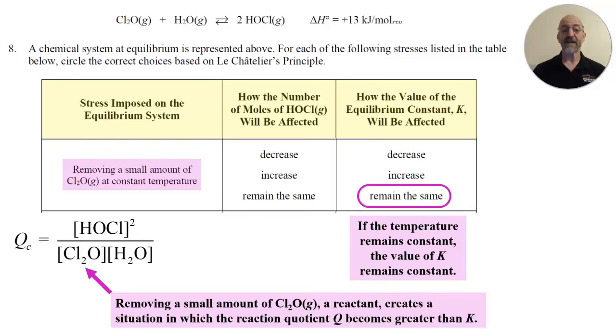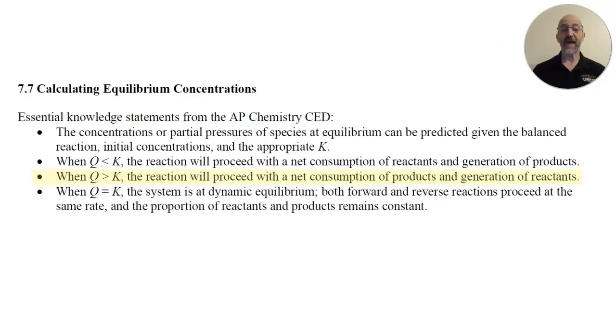You'll notice that Cl2O is not only a reactant, but it appears in the denominator of this reaction quotient expression. So mathematically, if we remove a small amount of Cl2O and that concentration decreases, it creates a situation in which the reaction quotient Q becomes greater than K. So what happens if Q becomes greater than K? If Q is greater than K, then there should be a net conversion from products to reactants, or from right to left.